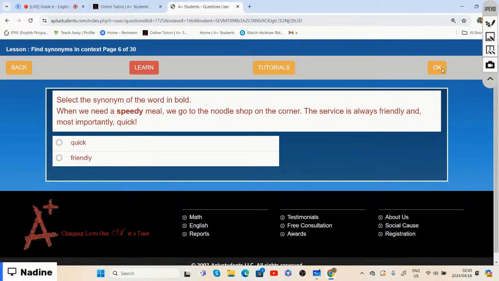If we were to choose the correct word that means speedy, then we can say it is quick. So well done. It is quick. Chop, chop.